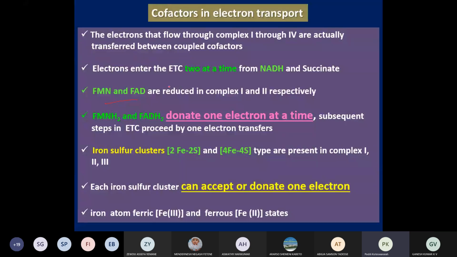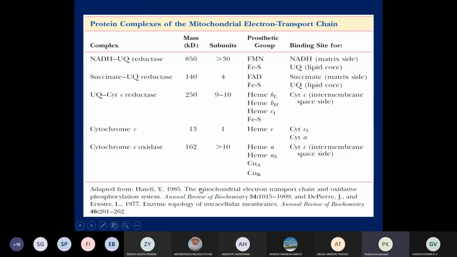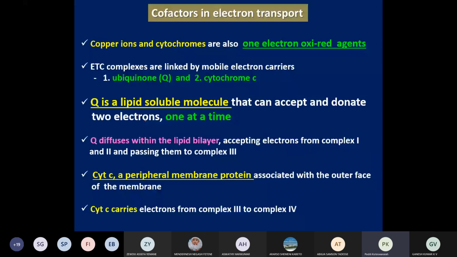So the various cofactors are FMN, FAD, iron sulfur clusters, and ubiquinone, which as I already said is a lipid soluble mobile electron carrier, and then cytochrome C. All these are present in the electron transport chain to facilitate the transfer of electrons from the reducing equivalents to the molecular oxygen.